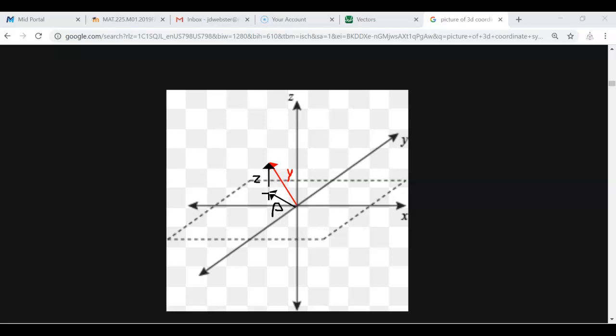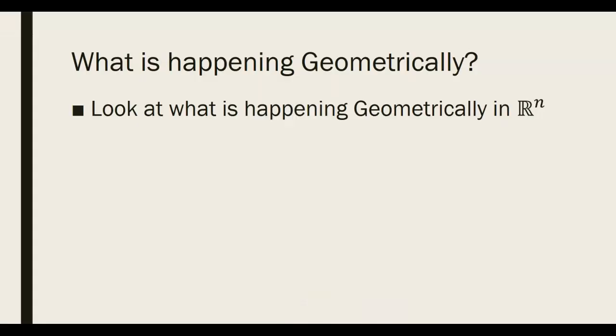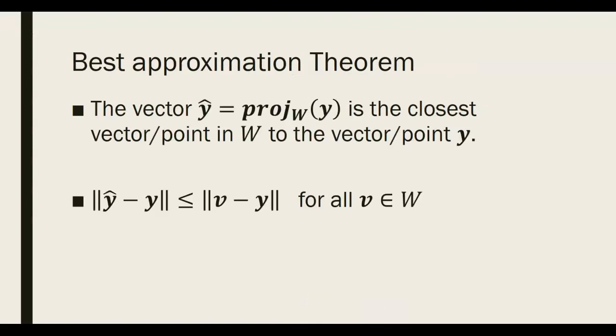Now, because of this, the one thing you'll notice is that wherever this projection lands in subspace W, that's actually going to be the closest point to Y in W, because of the orthogonality. And that's what our next slide says. There's something called the best approximation theorem.